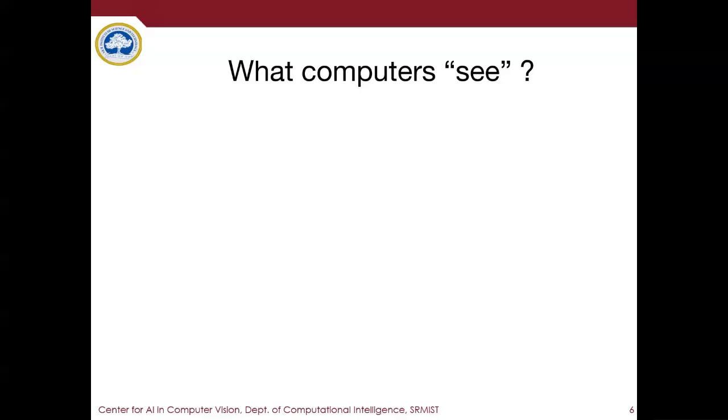Now, what do computers do? All of you know we are doing computer vision and image processing. What do computers do actually? Images are just numbers. When we take a photograph with the camera and process it in the machine, the system is seeing it not as a cat or a dog or a human, it's just numbers.